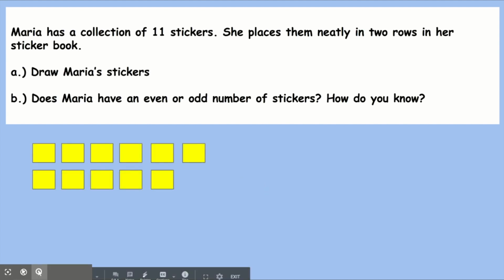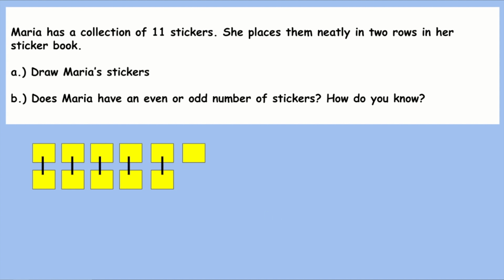Now, we are going to draw a line from one sticker to another to make pairs. Even without the lines, were you able to see that there was one sticker kind of by itself? It is even more noticeable when the lines are drawn and we have formed pairs.